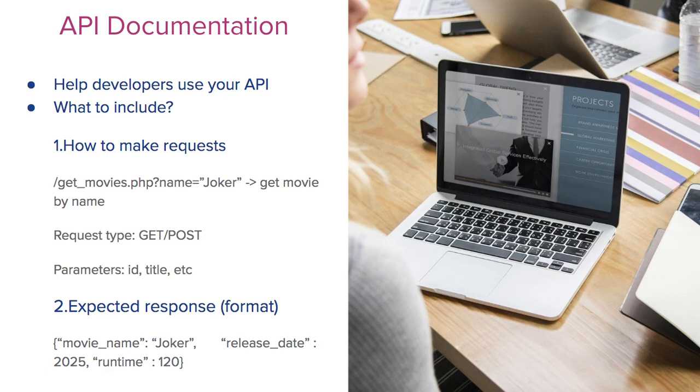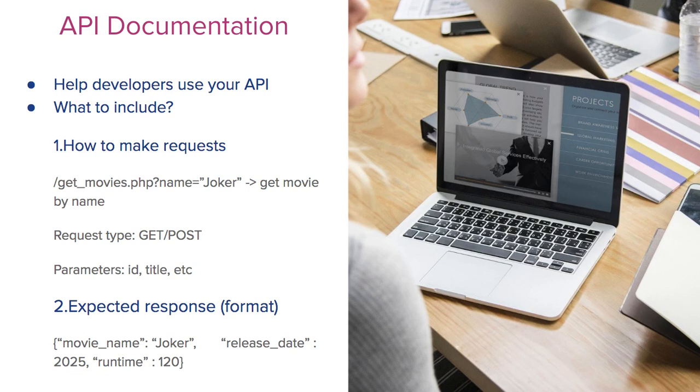And you also need to type the request type. The request type can be get, post, delete, put. It's very important, because if you don't do that, they will be confused and they might use post requests in cases where they should be using get requests, and vice versa.